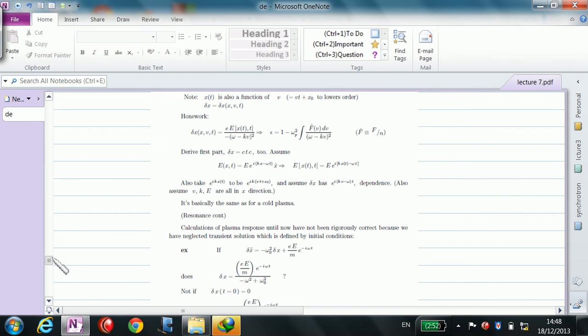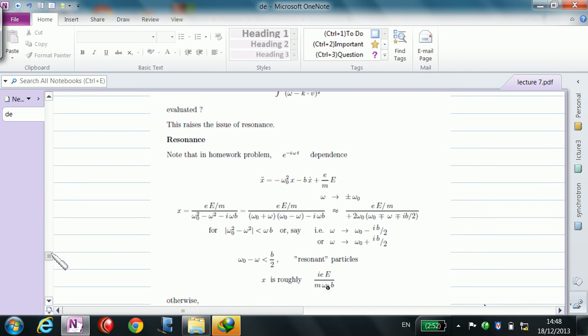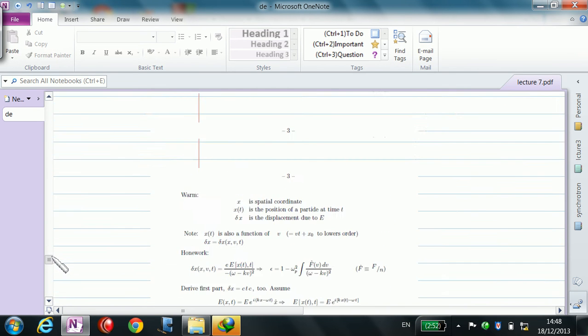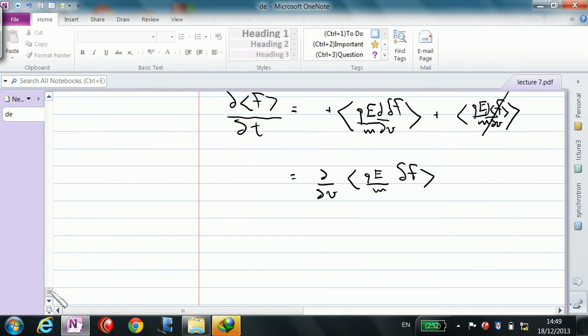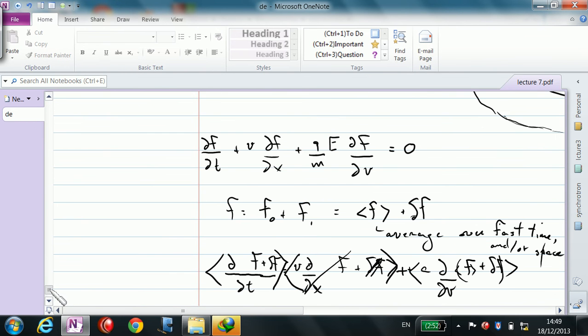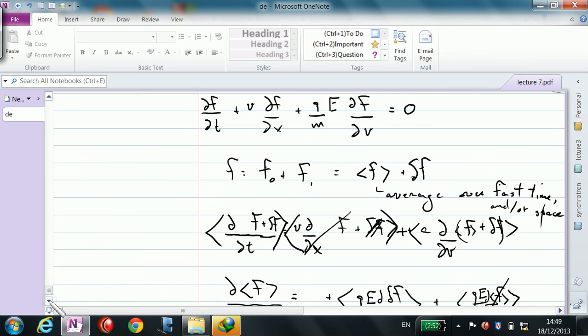The perturbed part does. So why did we throw out the d delta F dt? The average of it? Which term did we throw out? The d delta F dt.